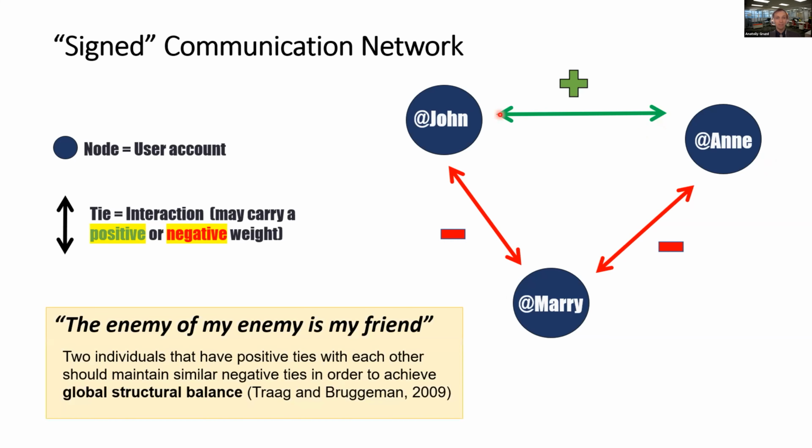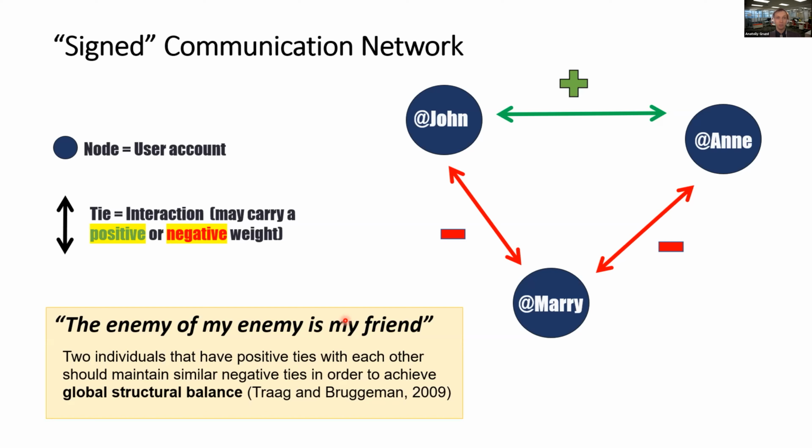This configuration represents a well-known saying: "The enemy of my enemy is my friend." So in this case, Mary is John's enemy, and Mary is Anne's enemy, so John and Anne are friends. This represents what we call a structurally balanced network.